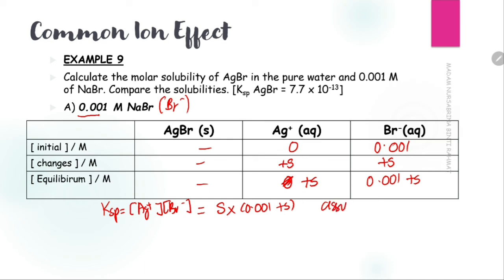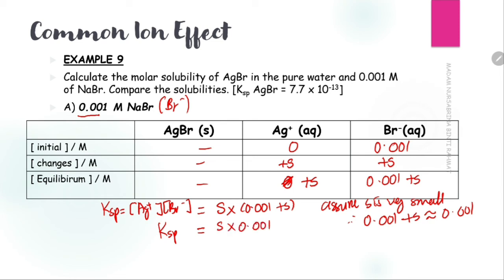So assume S is very small, therefore 0.001 plus S is equivalent to 0.001. So to simplify our KSP, I will get it to be S times 0.001. So my KSP is 7.7 times 10 to the power of negative 13.